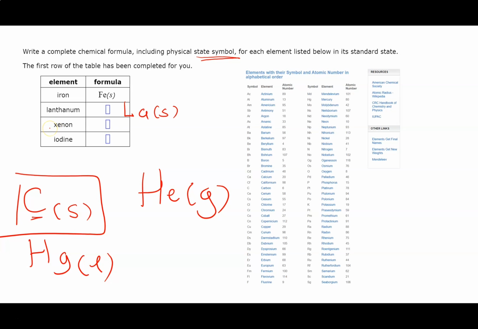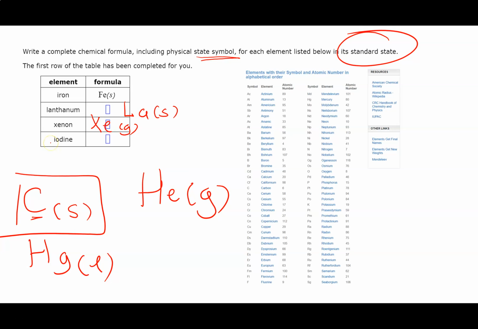Okay, Xe is for xenon. And then xenon is a gas. So the gases, again, hydrogen, nitrogen, oxygen, fluorine, chlorine, and then helium, neon, argon, krypton, xenon. There it is, right? So it's a gas at room temperature, or what we call standard state conditions.